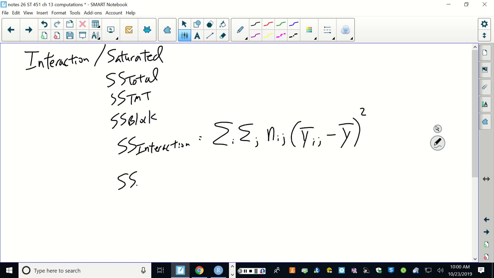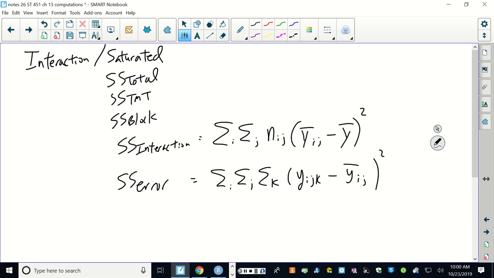And the sum of squares error could be done by subtraction if you take the total minus these two, but there's also a direct formula. Right? You can take the yijk values minus the average in its cell, just within its treatment block combination, you get that.